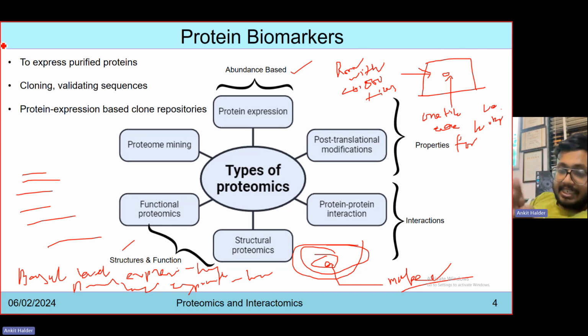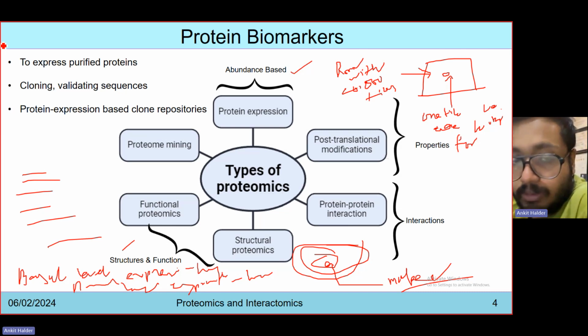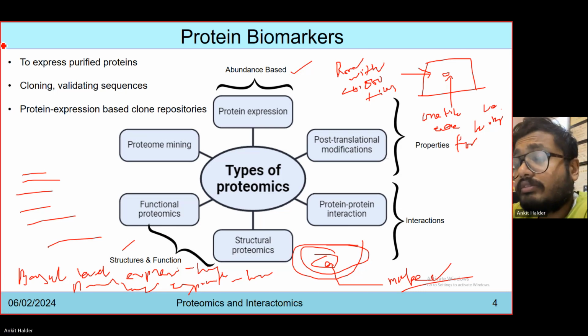The major challenge lies here in expressing the purified proteins, because if the proteins are not purified enough, then it won't show that particular reaction, and it can be a false positive. As well as expressing the purified proteins, we also need a very robust idea about how to get that particular protein out and then get it onto the array.